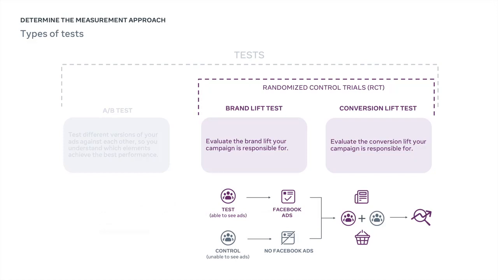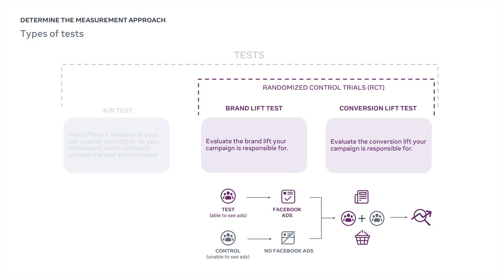Randomized controlled trials, or RCTs, are experiments designed to measure causality. They include randomization of participants into mutually exclusive groups. One or more of these groups receive the treatment and are therefore called the test group.